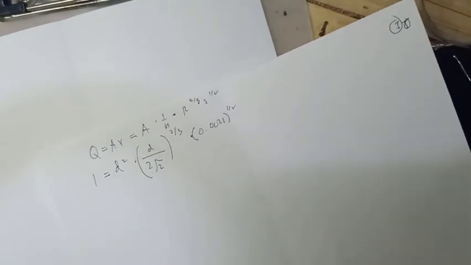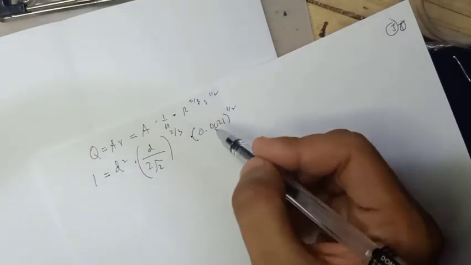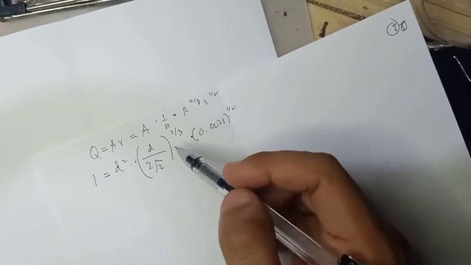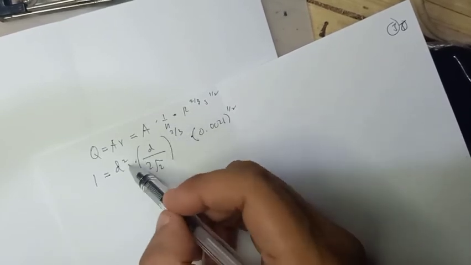If we do the math here, this is the value for 1 over n.